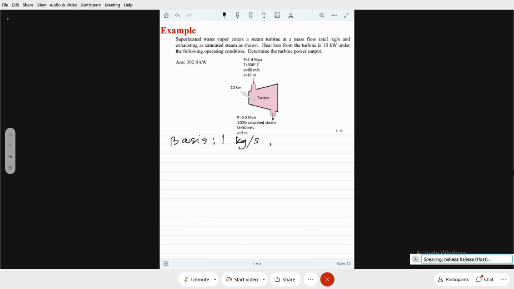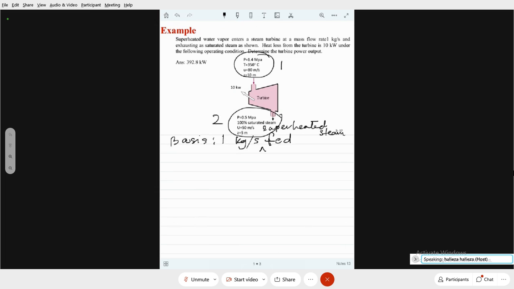You need to write down the feed: 1 kilogram per second of superheated steam. You've got to write everything down. The inlet we're going to give a symbol of 1, and the outlet a symbol of 2.